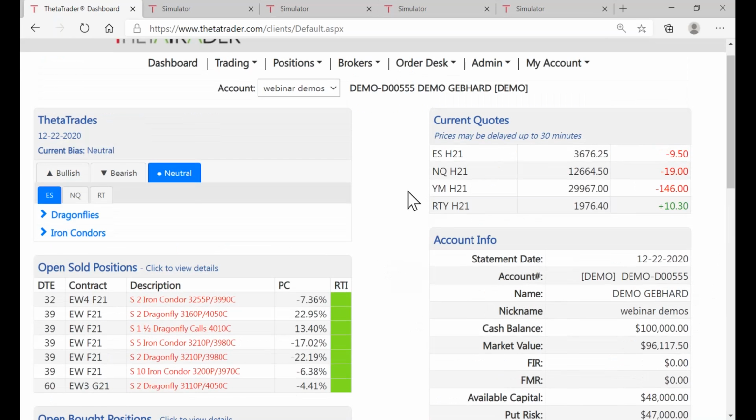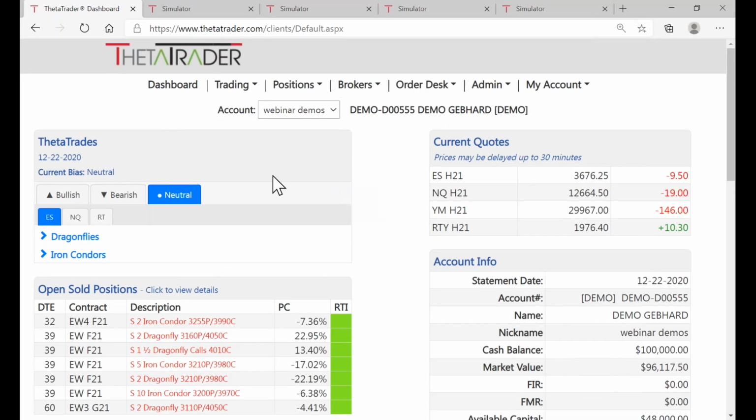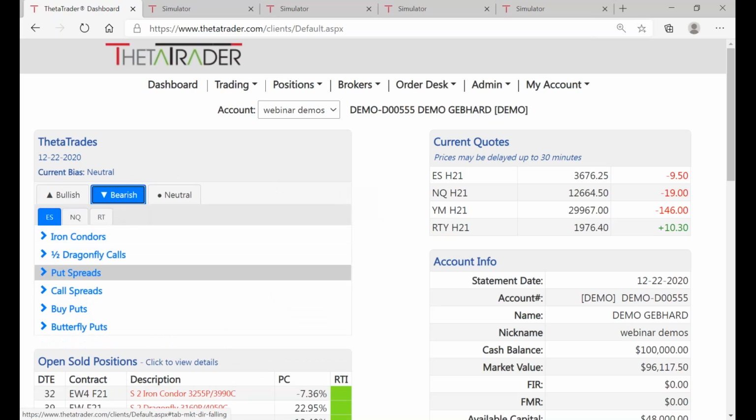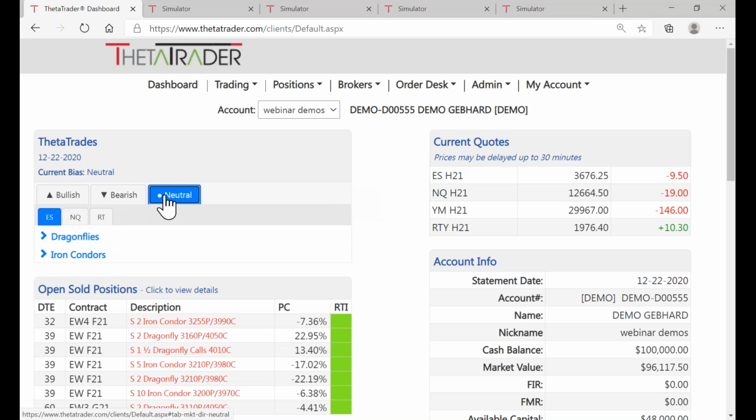I think the best thing to do is start at the top. You'll see there are bullish pre-populated trades. All the strategies are pre-built, bearish, and neutral or non-directional. And we're looking at the ES, the NQ, that's the NASDAQ mini, and the Russell mini. For the most part, we'll just focus on the ES right now, but we trade and focus on these indexes for these particular strategies.